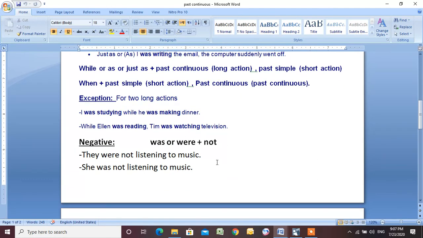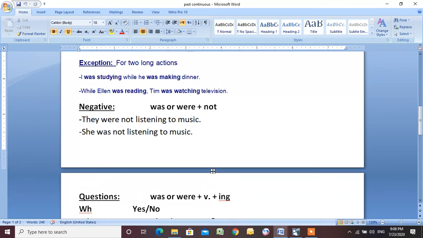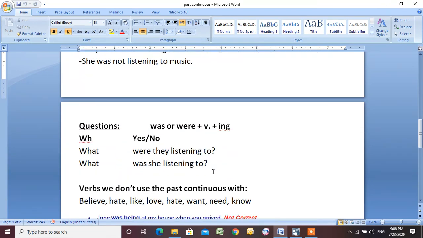How can we form the negative? We put was or were plus not. So they weren't listening to music, or she wasn't listening to music. Questions? Again, I have to use was or were plus verb plus ing. So yes, no questions.